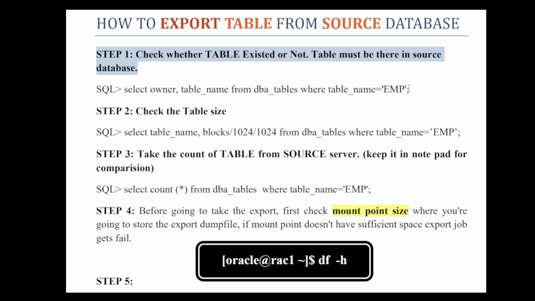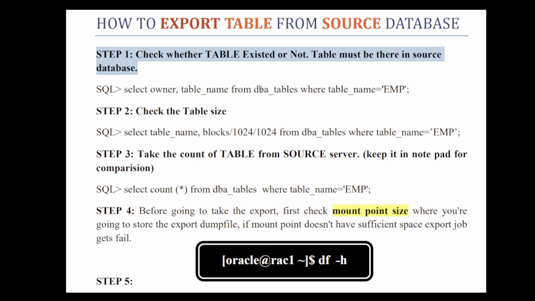Can you please confirm what database you are looking for? Like that you can ask. If the table does not exist, then where can you export? Not possible, right? That is why we need to cross verify first whether the table exists in the database or not.